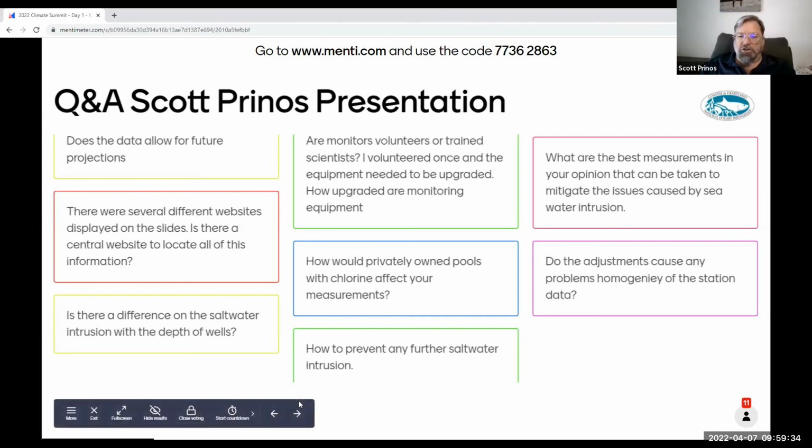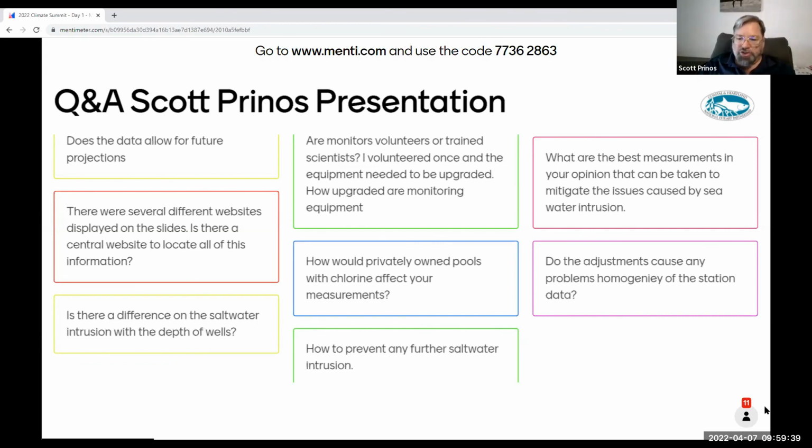Do the adjustments cause any problems with homogeneity of station data? I think the best way to answer that question is that yes, when stations are operated to different quality assurance levels or operated using different methods, that can affect the data.